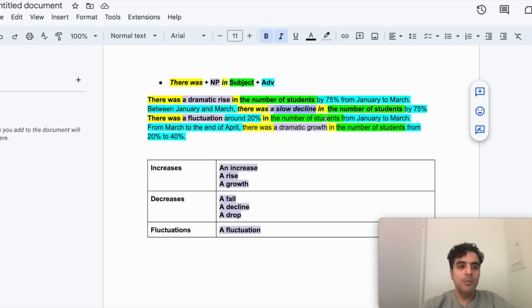Another thing I want to point out is that sometimes, and this is something we're going to look at later when it comes to actual writing, but sometimes you can replace the subject with a pronoun, or you could maybe drop the subject altogether. I'll show you. Let's say we're connecting two sentences together. The first sentence is, there was a dramatic rise in the number of students by 75% from January to March.